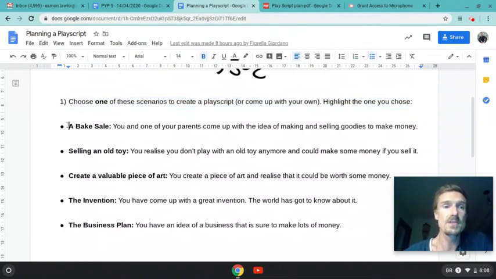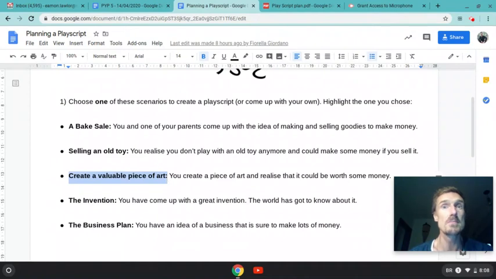The options I've given you are, first of all, you can make a play around the idea of a bake sale. Option 2 is selling an old toy. I'm sure you've all got old toys at home that are maybe worth some money. Another idea would be a valuable piece of art.